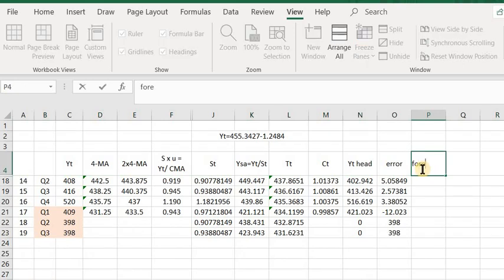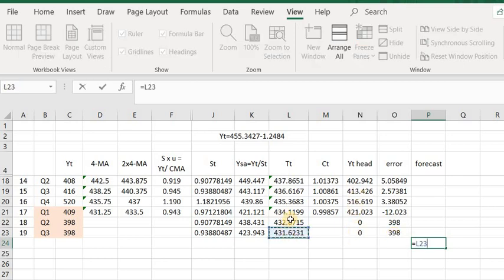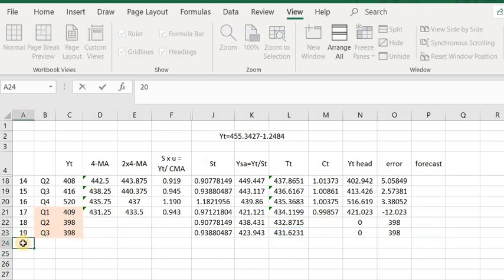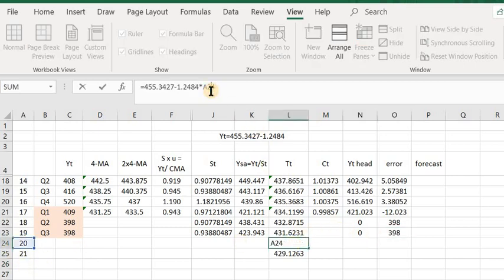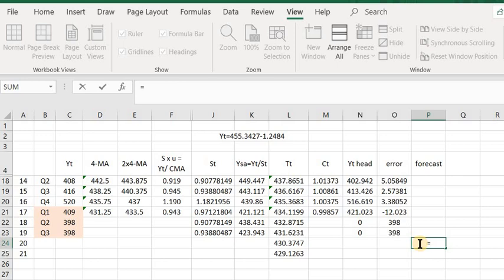Okay, the forecast for the 20th data equals the trend. We put 20 here first, and maybe we want to forecast until 21. So the trend means that we multiply by 20 and then 21. Then we compute this forecast, trend multiplied by the seasonality.